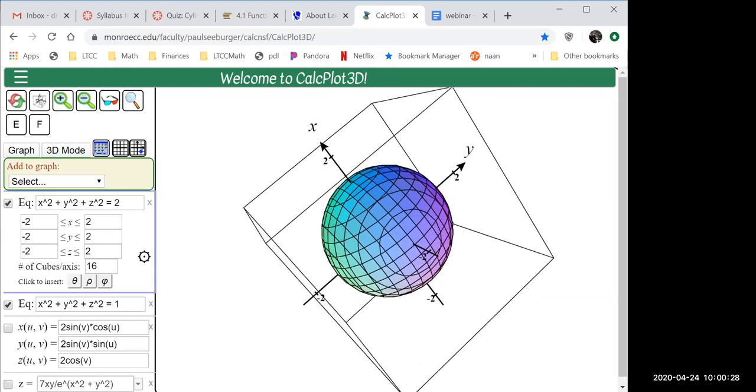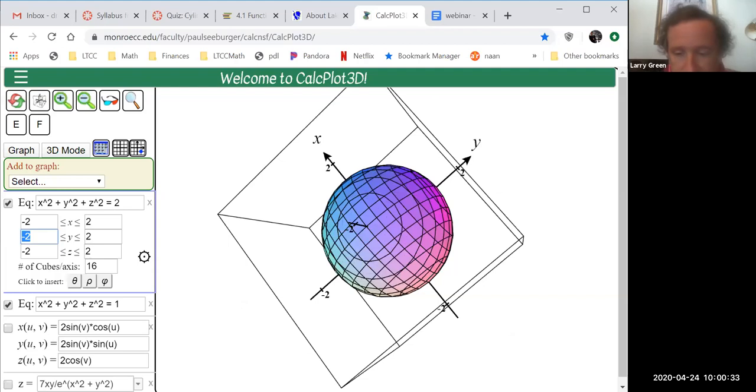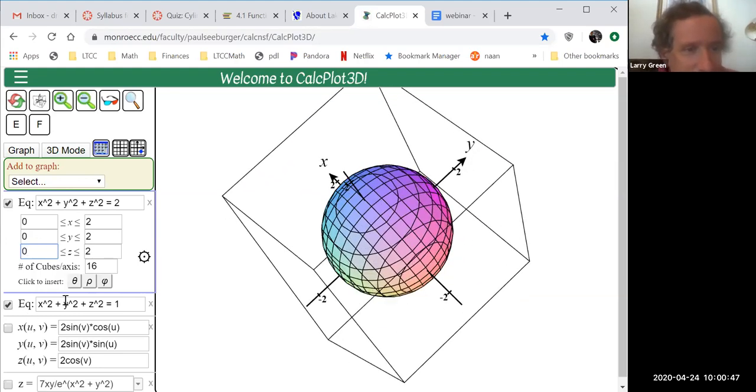So one thing I can do is I can adjust the domain. Let's make x, y, and z positive, and let's look at the first octant. I don't think I've used that word before, but it's an important word. What do you think first octant means, since I haven't said it before?